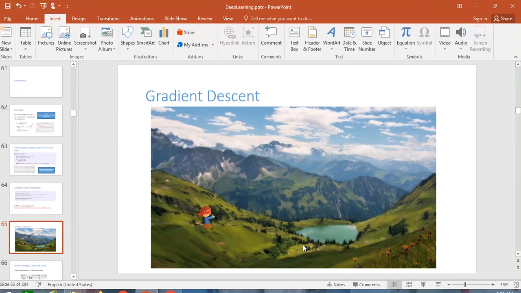We take that step. We keep repeating the same thing until we finally reach the valley. Now this optimal point may be global or local.